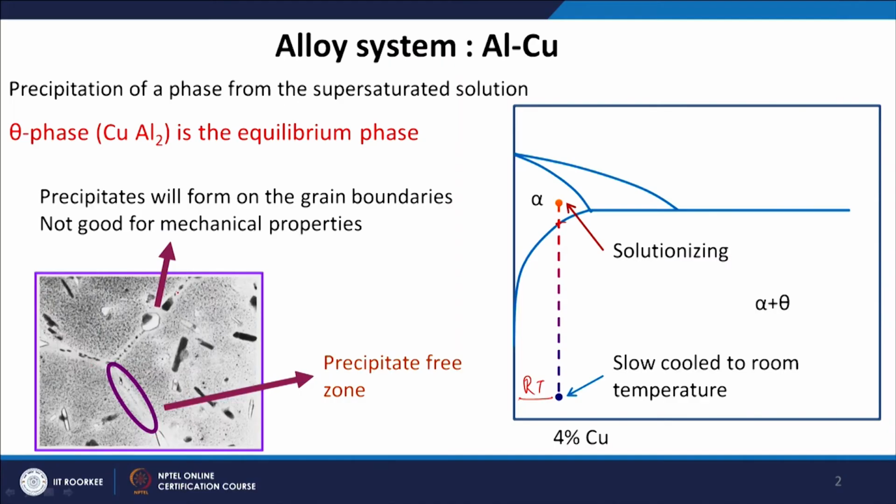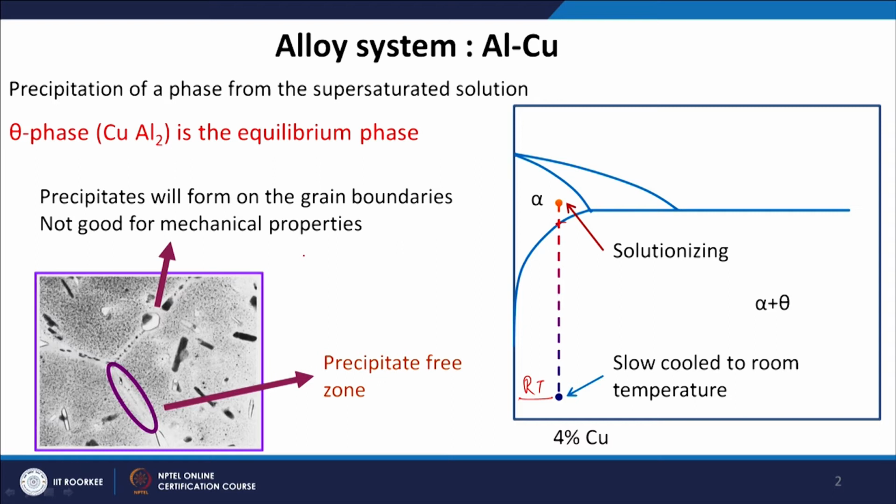And we have seen in heterogeneous nucleation that grain boundaries are the preferred site for any transformation. So, because we are doing a very slow cooling in this case, all the precipitate will form on the grain boundary of the aluminum matrix. If the precipitate forms on the grain boundary, it is not good for mechanical properties, as we saw in the case of cementite in steel.